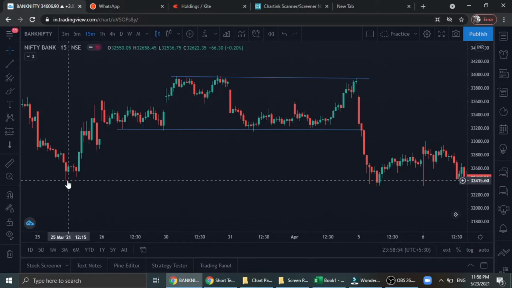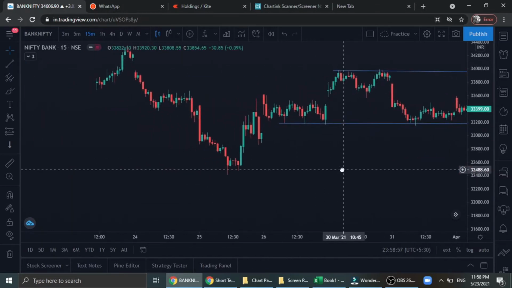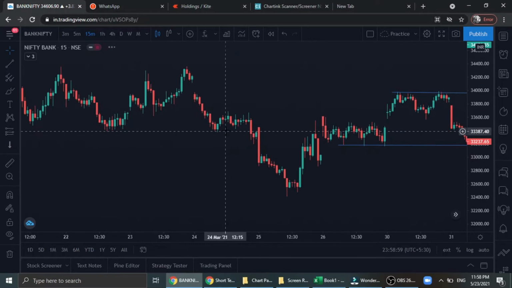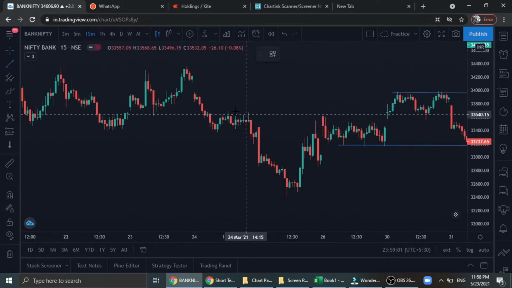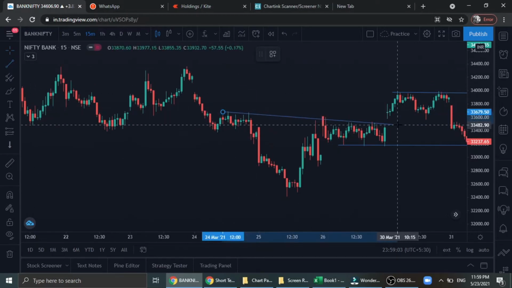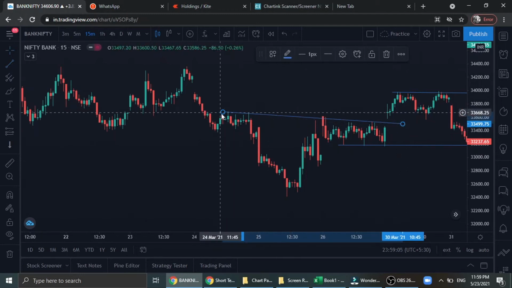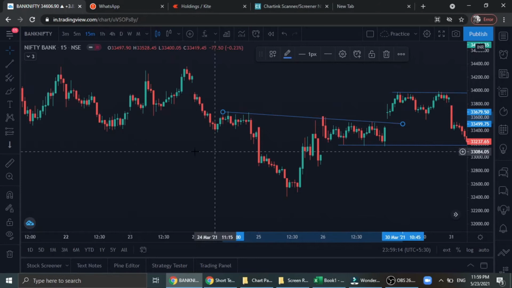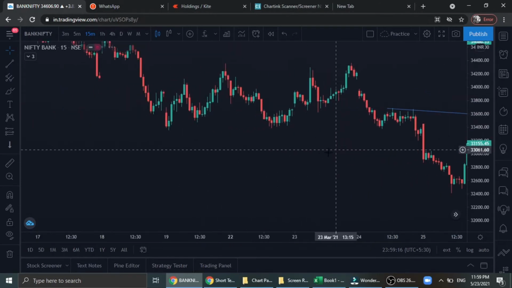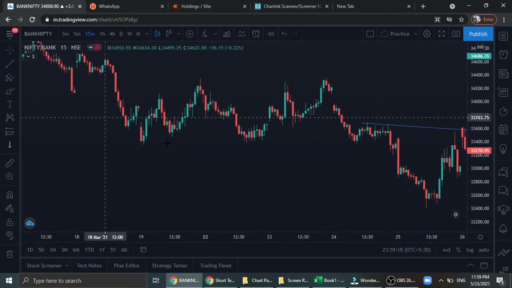There is a support here. Before that, there is one more pattern here. Then it took a break and went a little upside. And there is one more pattern here we can say.